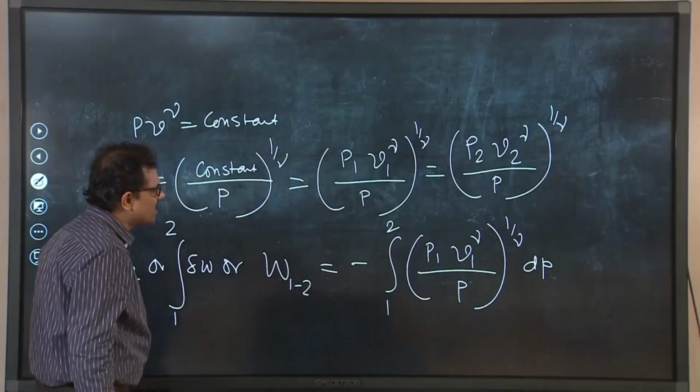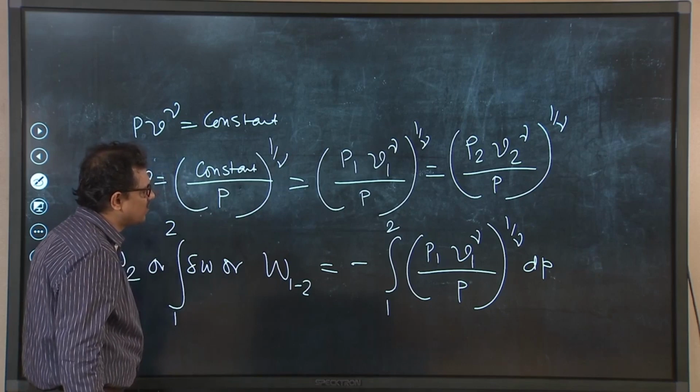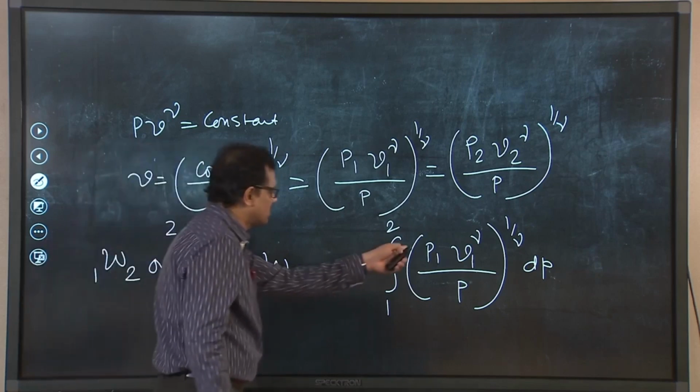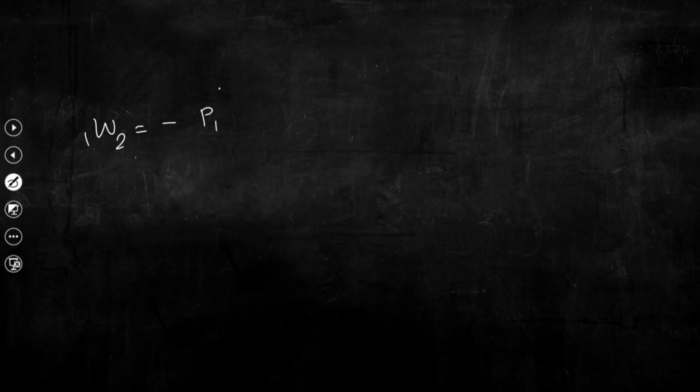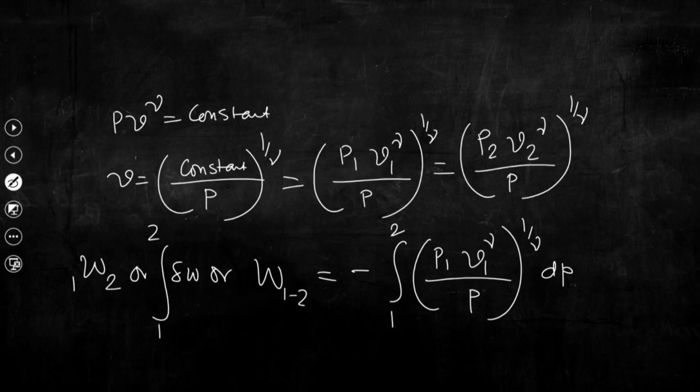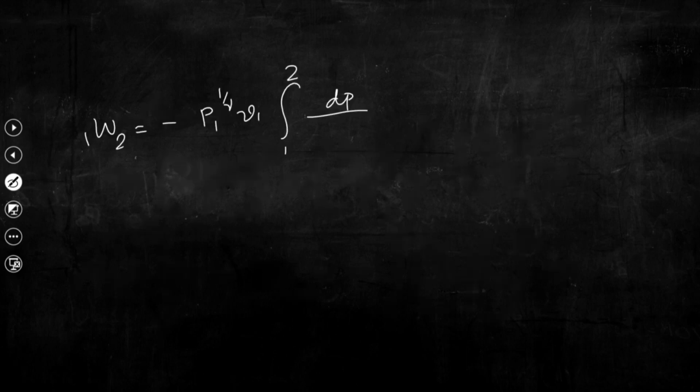So, what we can do here, P1 to the power 1 upon gamma into V1, we can take out from this integral. So, we can write 1W2 equal to minus P1 to the power 1 upon gamma V1 times the integral from 1 to 2 of dP by P to the power 1 upon gamma.